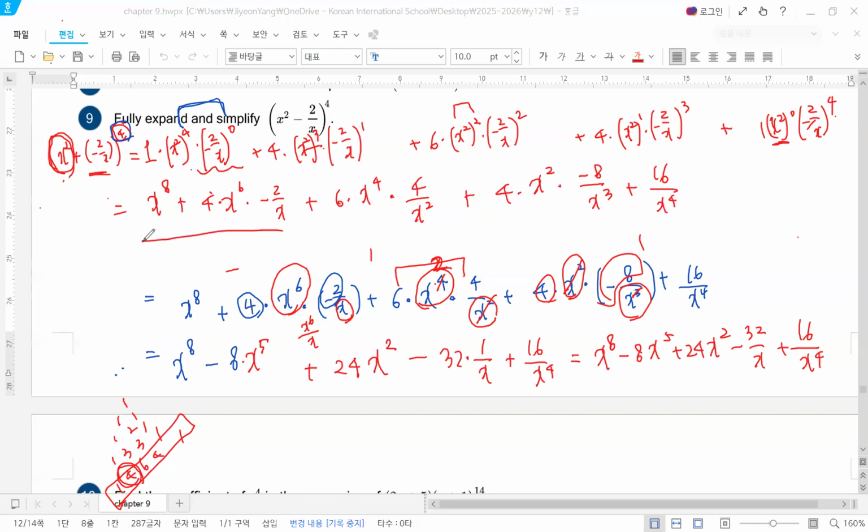After you simplify this, as you can see, it is the same as the answer we found before.